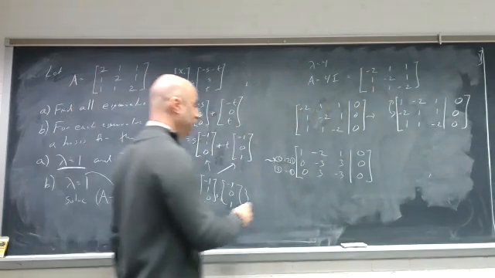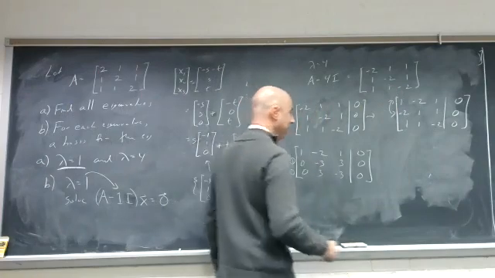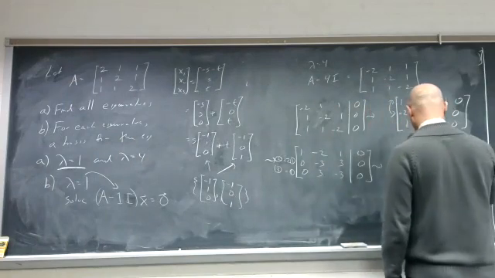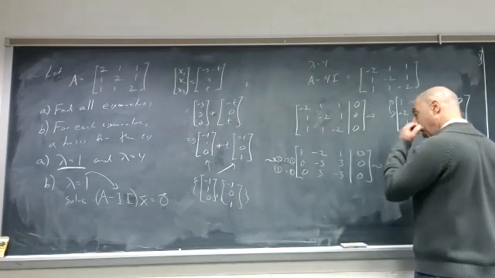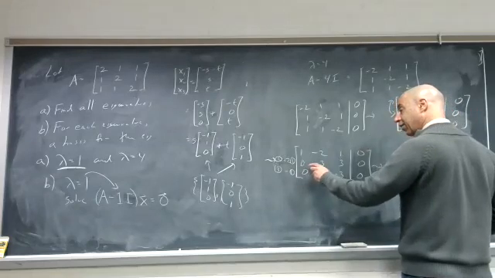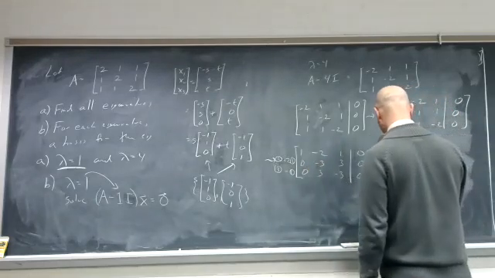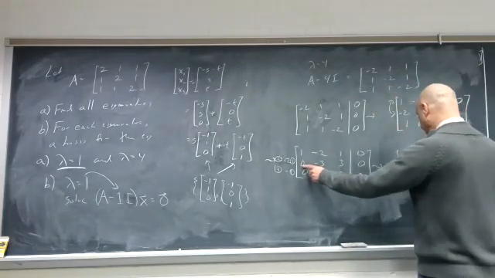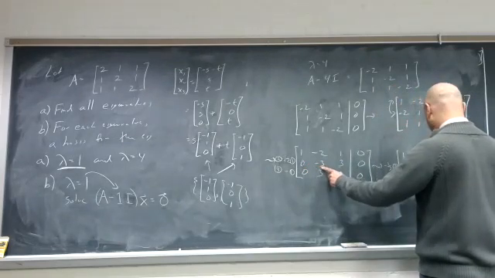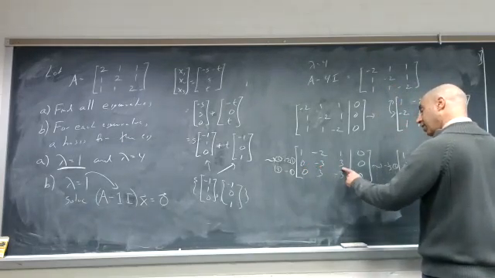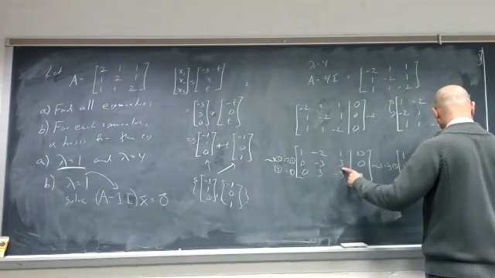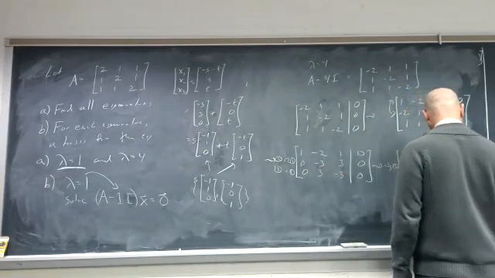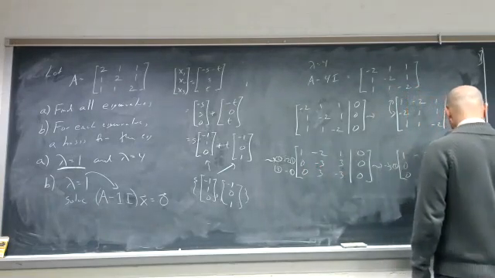Now I want a 1 there. So I can take minus 1/3 of row 2, and minus 1/3 of 0 is 0, minus 1/3 times minus 3 is 1, minus 1/3 times 3 is -1. And we'll leave the third one alone for now. 0, 3, minus 3, 0.